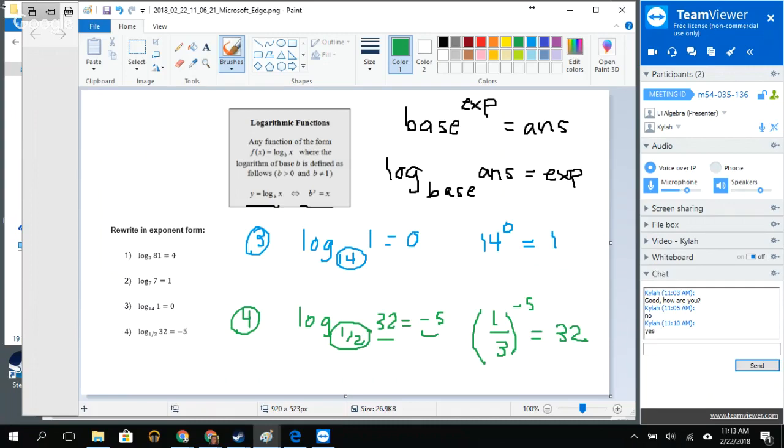All right, so that is rewrite the equation in exponential form. So I didn't do a very good job in my notes because that is a big part of what you have to do. But number 9, so the homework is 3 through 27. Number 9 through 19, we need to do some work on those.